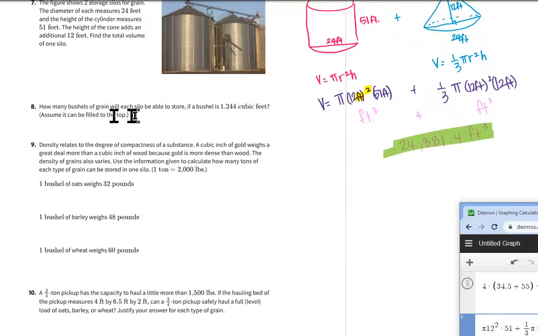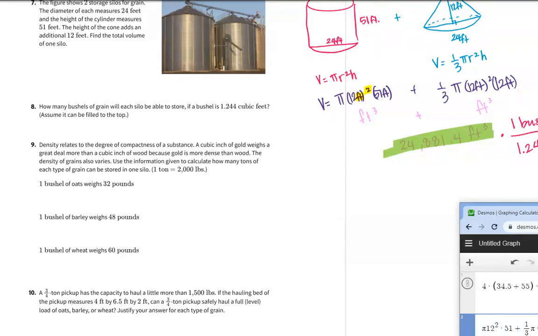It says, how many bushels of grain will each silo be able to store if a bushel is 1.244 cubic feet? So now I'm going to take this and multiply this by 1 bushel is the same as 1.244 feet cubed.